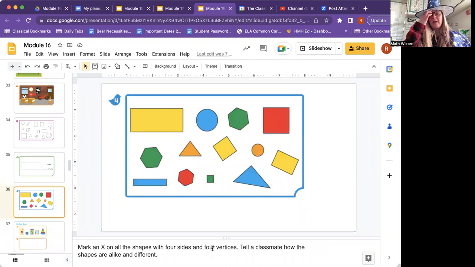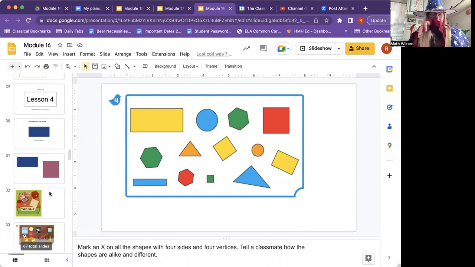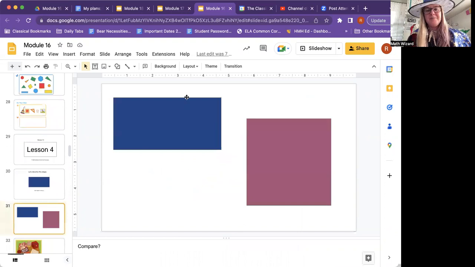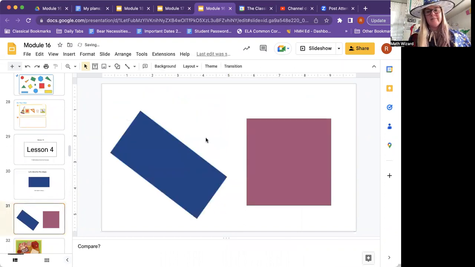All right, you're going to mark an X on all the shapes with 4 sides and 4 vertices, and tell your homeschool teacher how the shapes are alike and how they're different. Don't forget. Is that still a rectangle? Yeah.